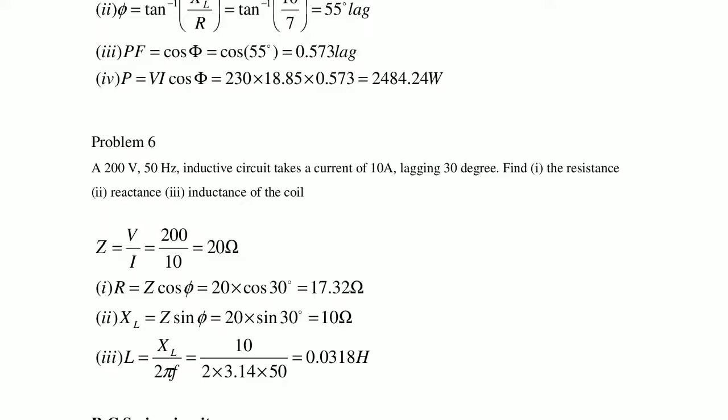The last one to determine is the inductance of the coil. In general, XL is equal to 2 pi FL. From this equation, L is equal to XL by 2 pi F. XL is 10 ohms and 2 pi F is 2 into 3.14 into 50, which gives 0.0318 henries.